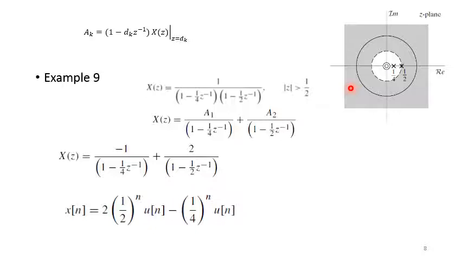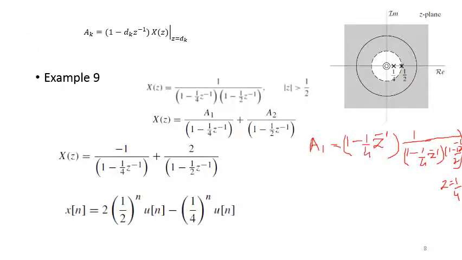Now to express it into simpler terms, we use the partial fraction expansion. You know this equation, we have done this on the previous slide. So let's use this equation to find the coefficients A1 and A2. Because we are going to find A1, I write A1 here, 1 minus 1/4 z inverse.